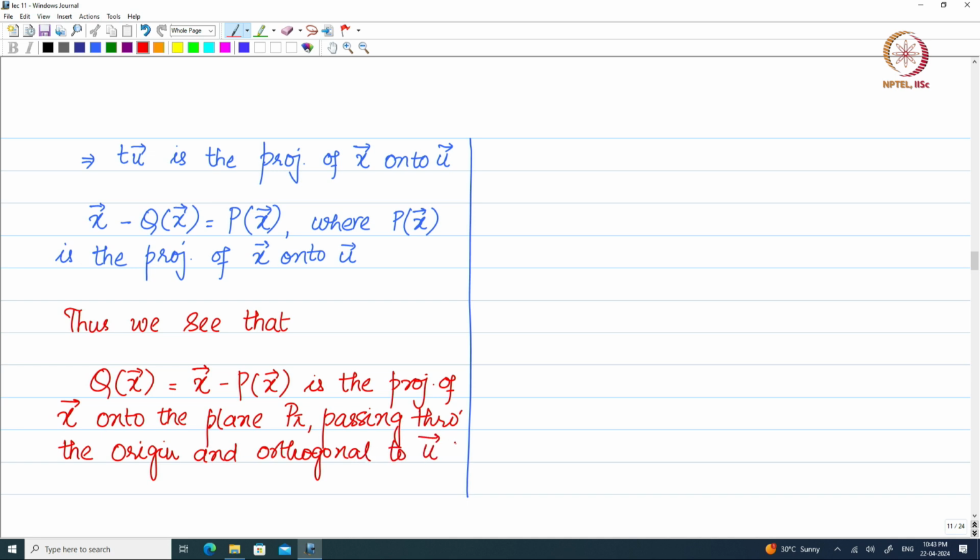Right. So, how does this look? We have already seen diagrammatically that x minus p of x is the projection of the vector x onto the plane p pi, which is passing through the origin and orthogonal to u.